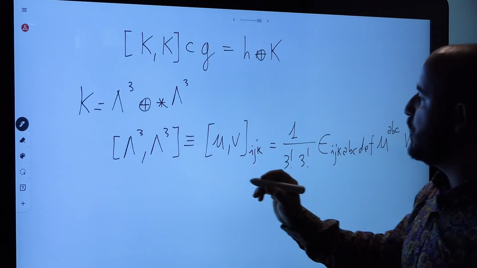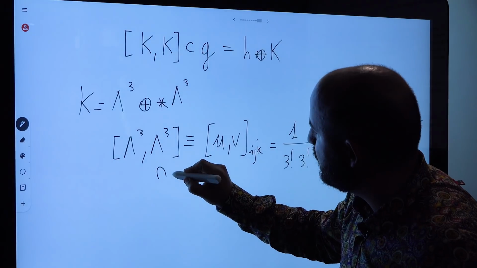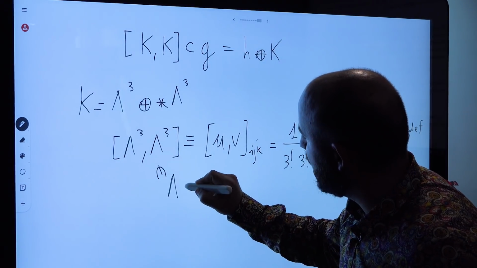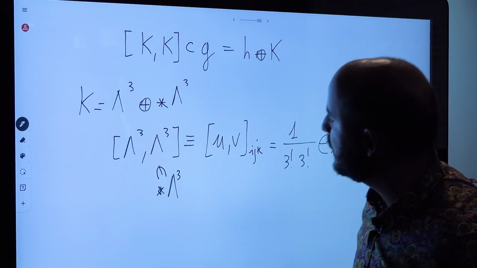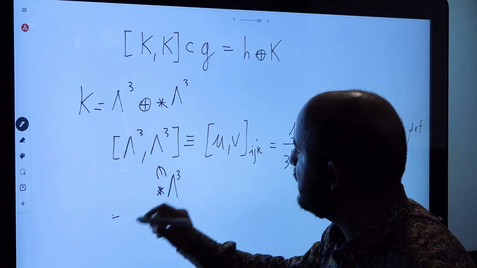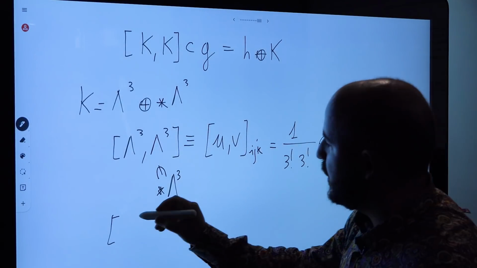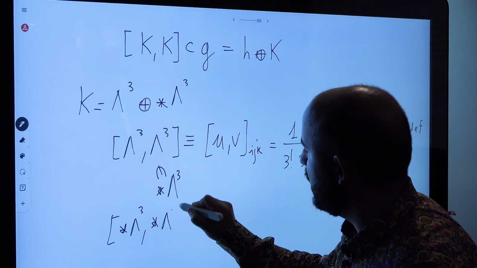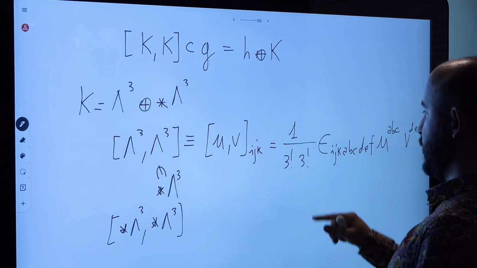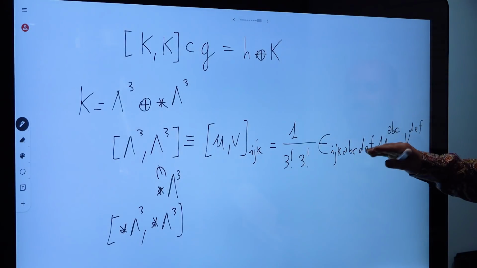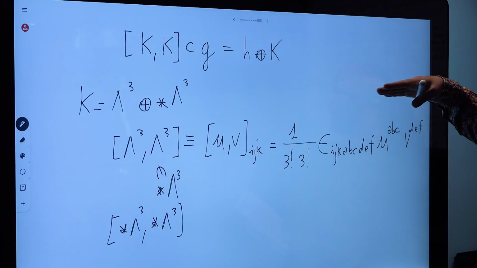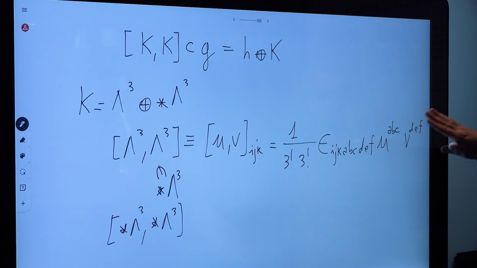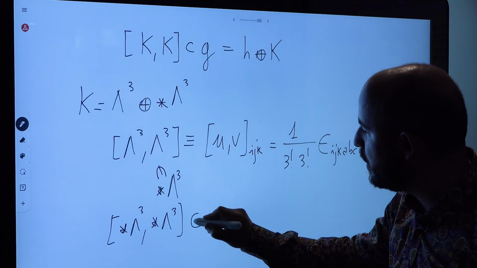So essentially this will belong to lambda 3 star. On the other hand, we can commute star lambda 3 with star lambda 3, and we will have a very similar expression. The only difference is that now the indices will be contragradient, will be up, but it will be exactly the same, and this will belong to lambda 3.